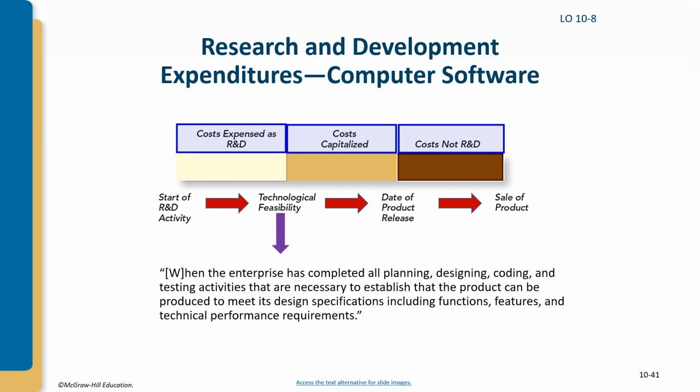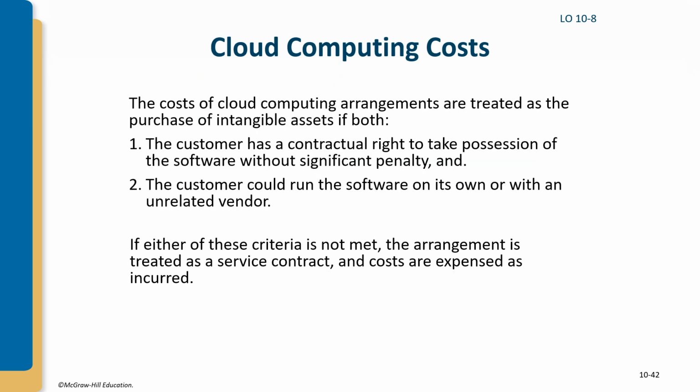So it's reached the point that it's a product. From the start of R&D activity to that date, you expense all the costs associated with developing that software. From technological feasibility to the date of the actual product release, now you're capitalizing.